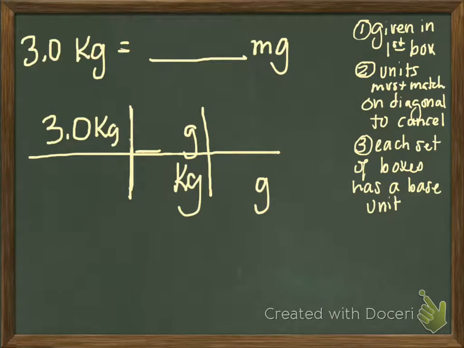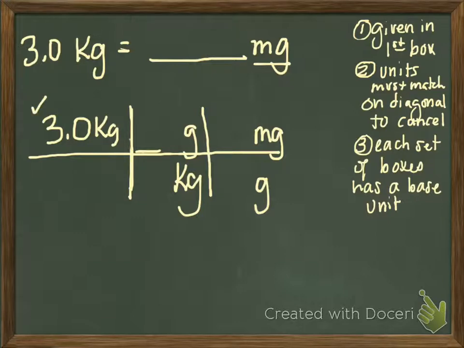Now, the next thing we need to make sure of is that the last set of boxes that we're working with on the top has the units that we want to end up in. So we want to end up in milligrams. This box should have the units milligrams. Let's check our rules so far. We have rule number 1, our givens in the first box.